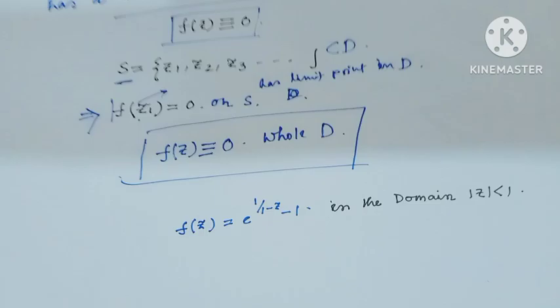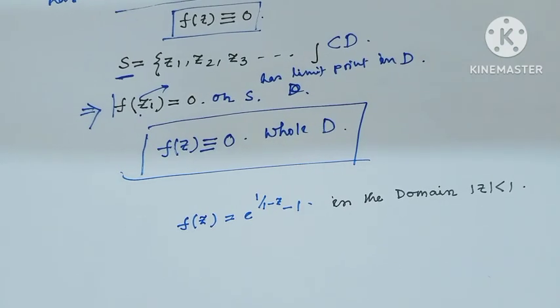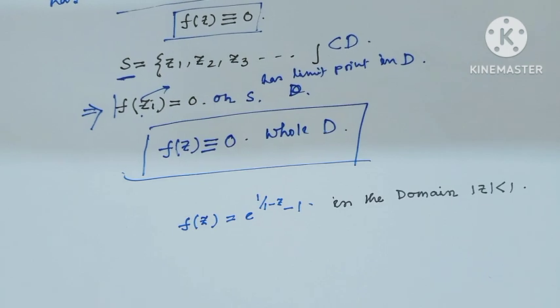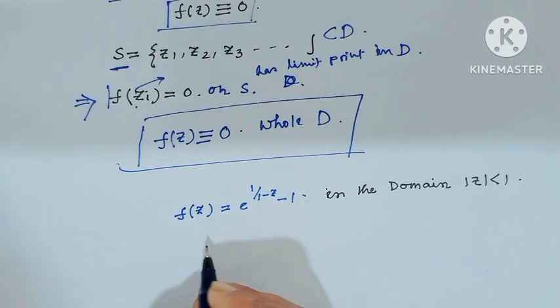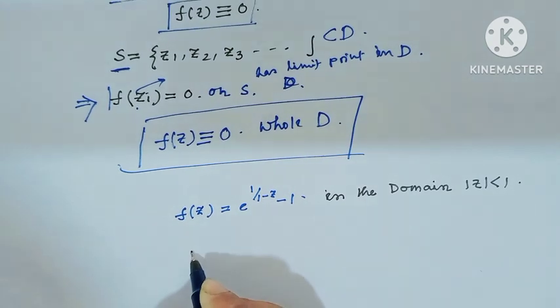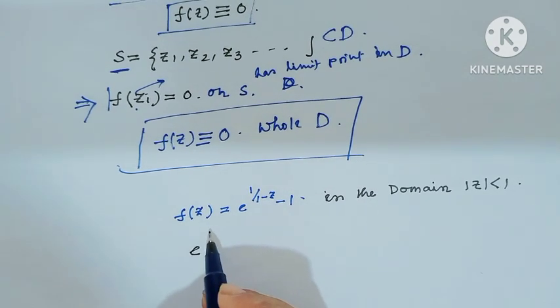First example, f(z) equal to e to the power 1 over (1 minus z), minus 1, in the domain mod z less than or equal to 1. For this, at first consider how the zeros look.